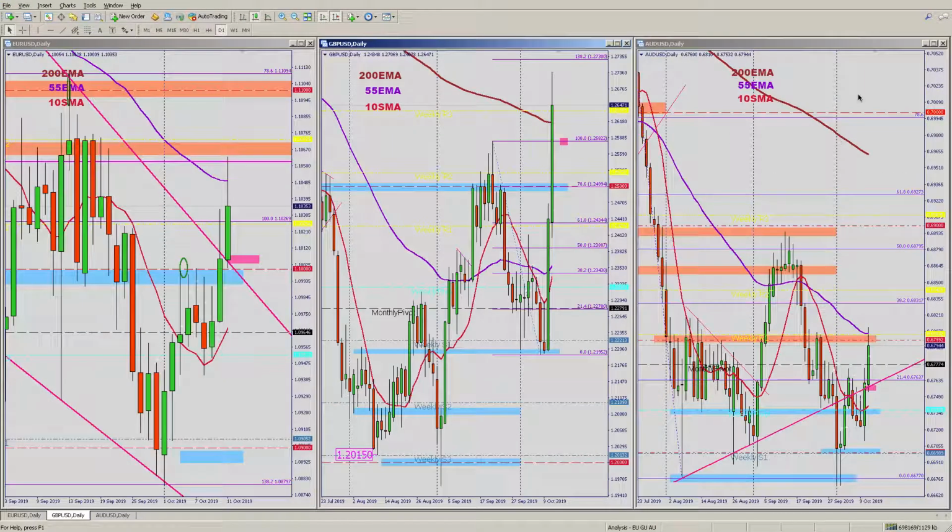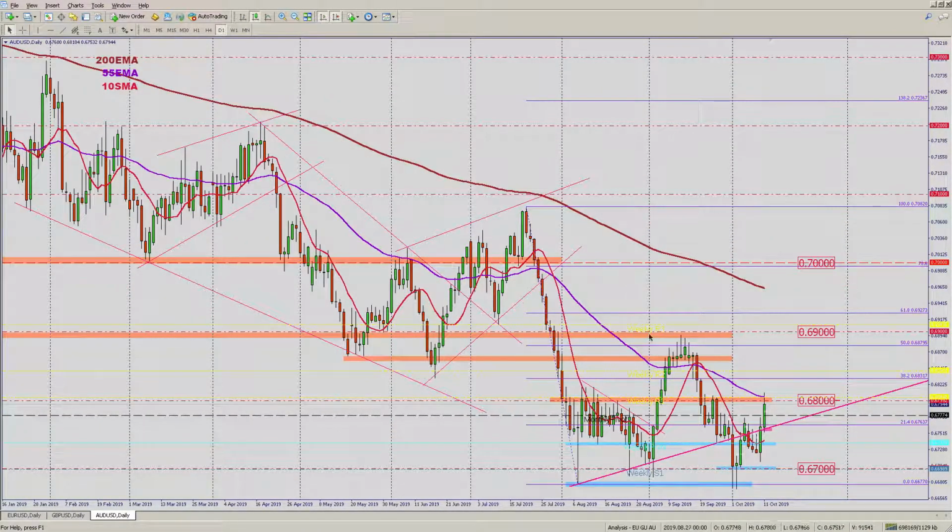Let's take a look at the Aussie dollar. Now the Aussie dollar has benefited from the positive outcome of the US-China trade talks, at least for a partial trade deal, which they need to finalize over the next few weeks.